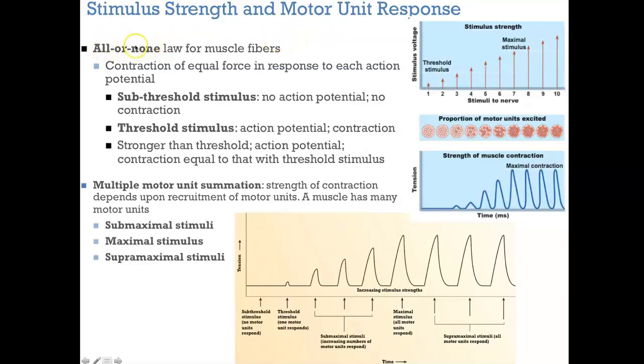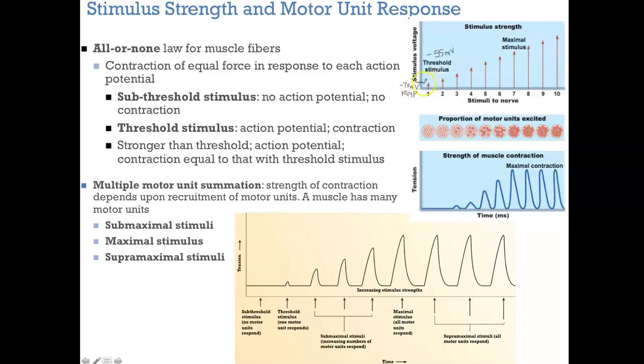When we say all or none, referring to an action potential, it means as long as we hit this threshold, and remember that's really discussing voltage. So let's say our threshold stimulus is at -55 millivolts, and down here is where we're normally at, like -70 millivolts. This is our resting membrane potential, right?